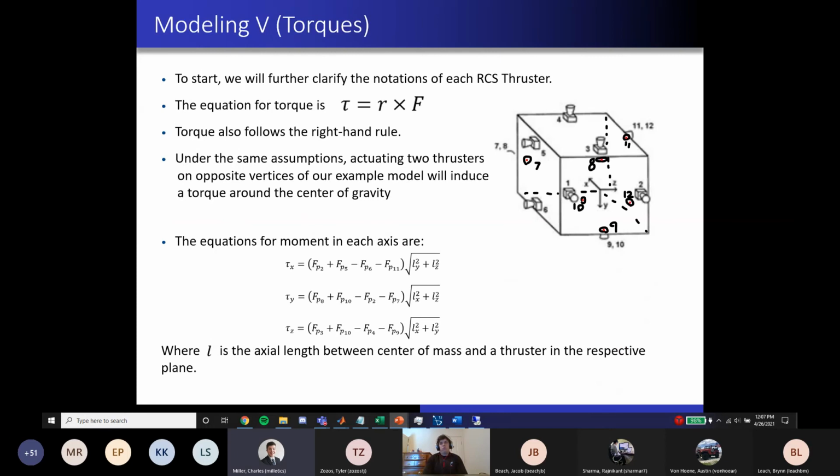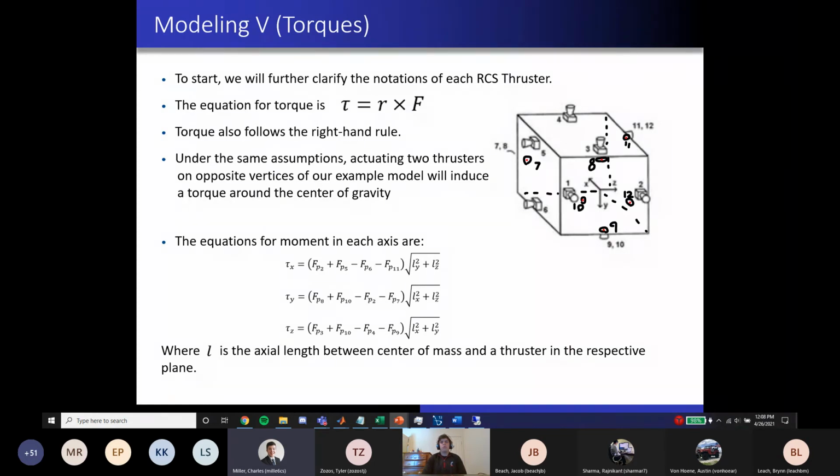And for torques, I've got a little diagram there further showing the numbering of each of the thrusters. And so our torque equation, we're doing the same thing in terms of determining the radius with the length. However, here we're taking into account each of the thrusters that has an impact on torque in either axis.